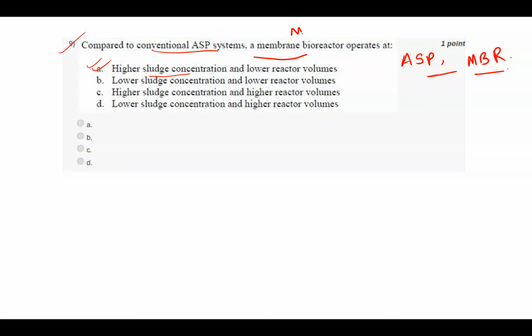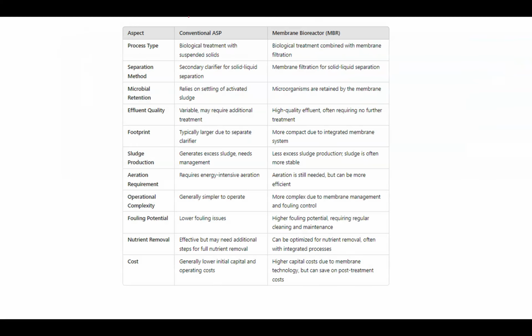Membrane bioreactor MBR works at higher sludge concentration and lower reactor volume. Reactor volume means the amount of water that we can process is less compared to the activated sludge process, but we can treat higher sludge concentrated wastewater. And also I have given here conventional ASP and membrane bioreactor.